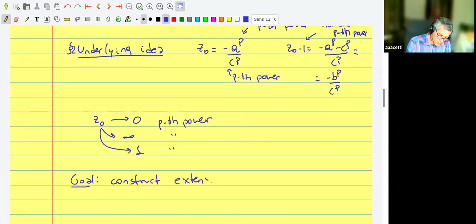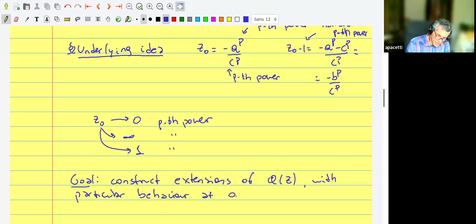extensions of, let's say, Q(Z), where Z is a variable, with particular behavior at 0, 1, infinity.